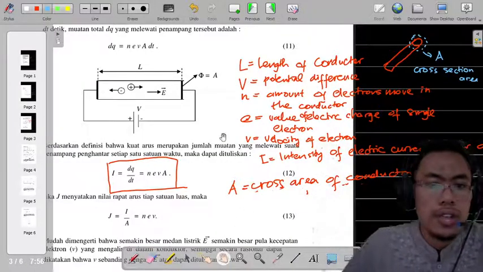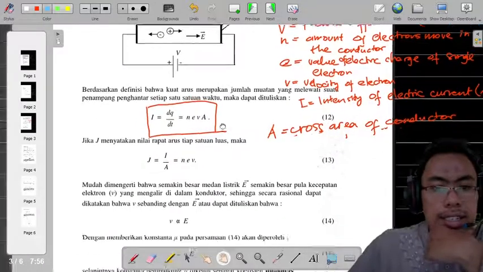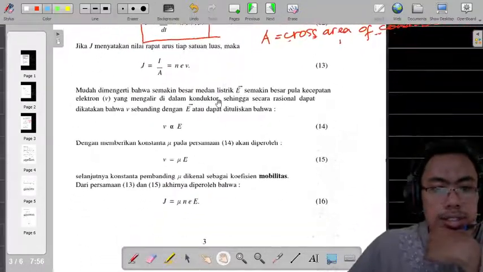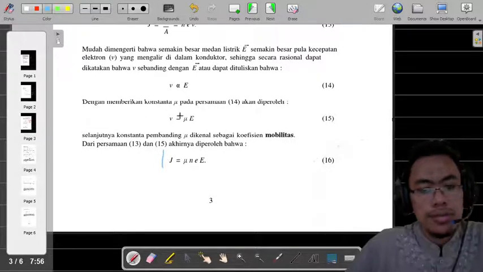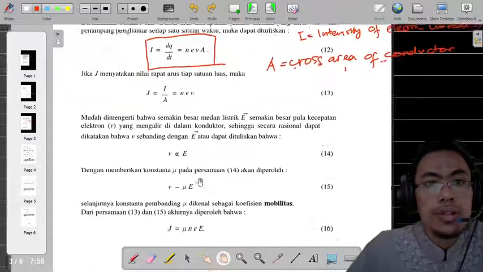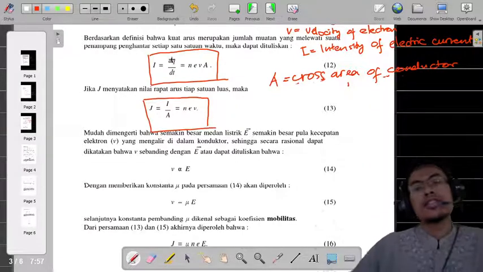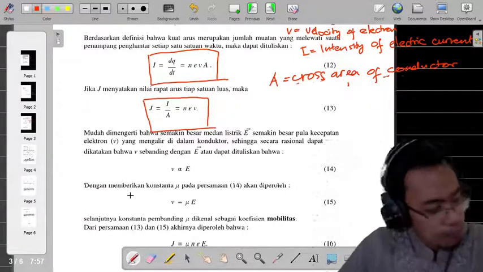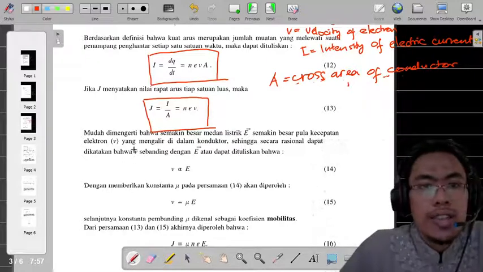Cross section area. Okay, that's for this one. And then other important things is this one. J is density of electric intensity.